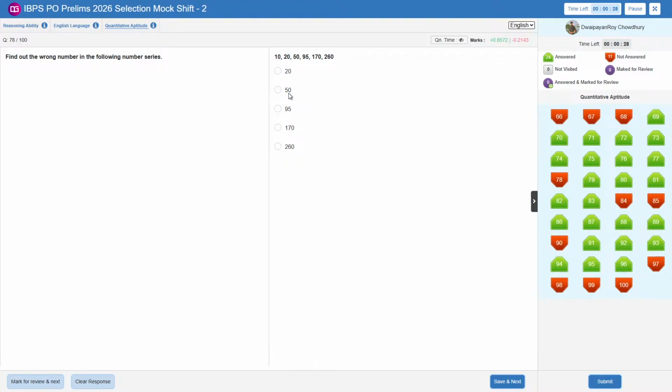So 30 was incorrect. Okay, no, not 20, but 50 was incorrect. The first gap is of 10. It should have been 25, then 45. Yeah, so I am going with 50 then, right?